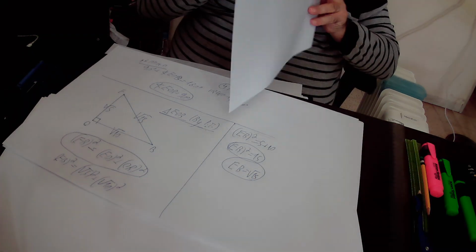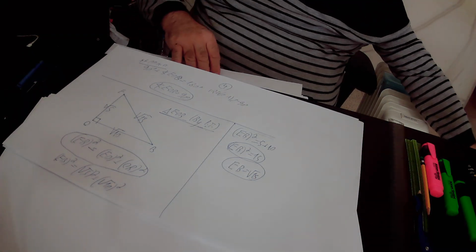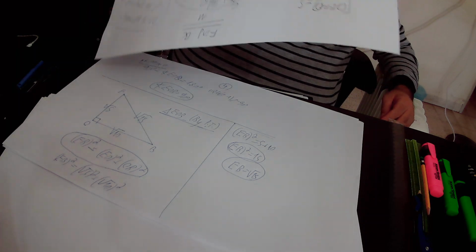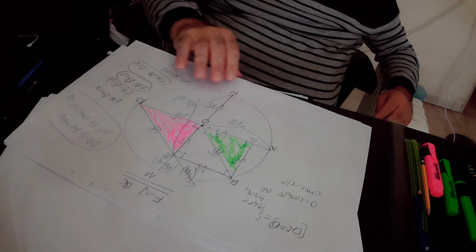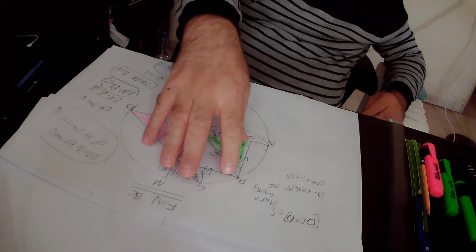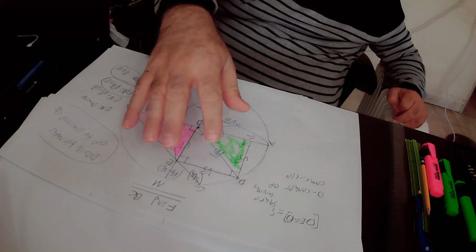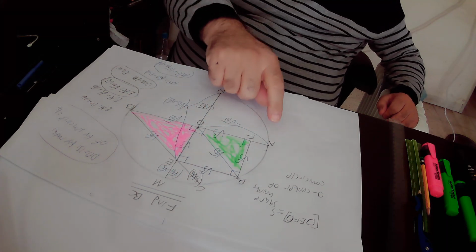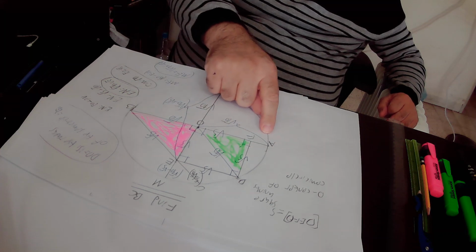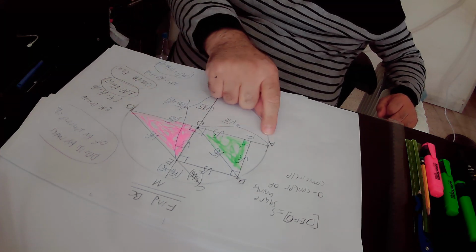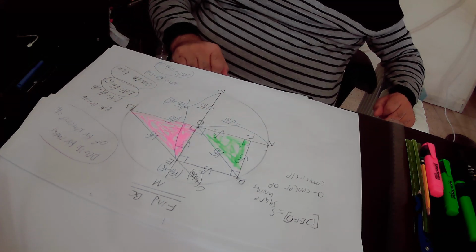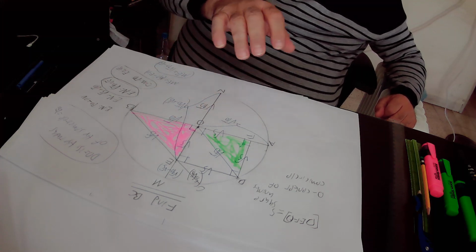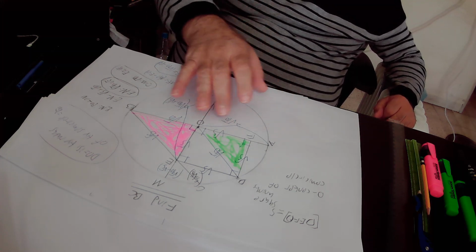Why? Because in our drawing, we know that this is a semicircle according to what was given in the question. AB will always be the diameter of the semicircle. So AB is the diameter of the semicircle, it is absolutely a straight line.